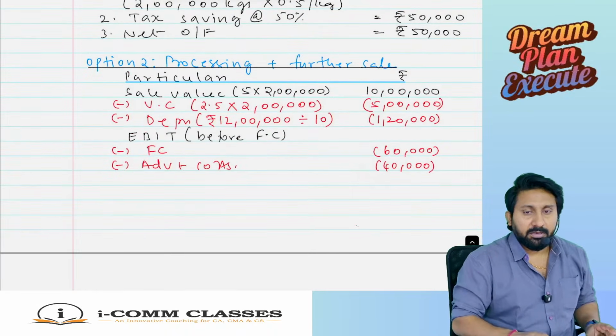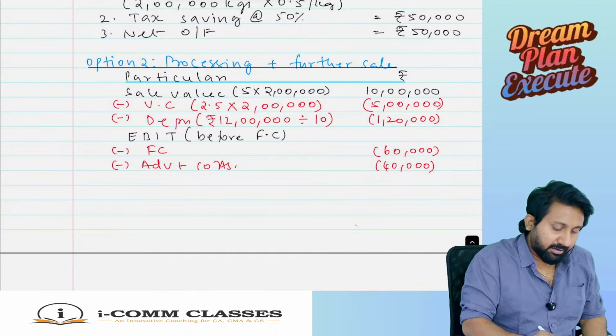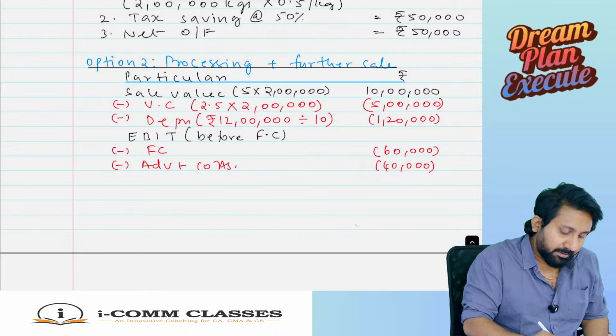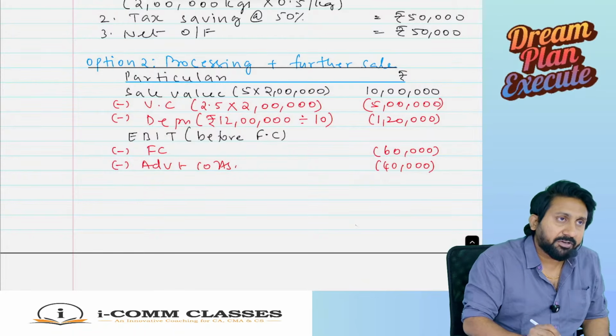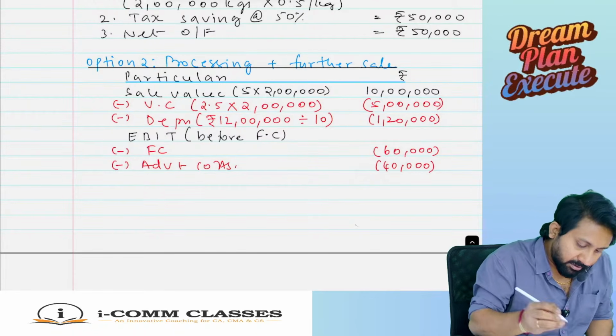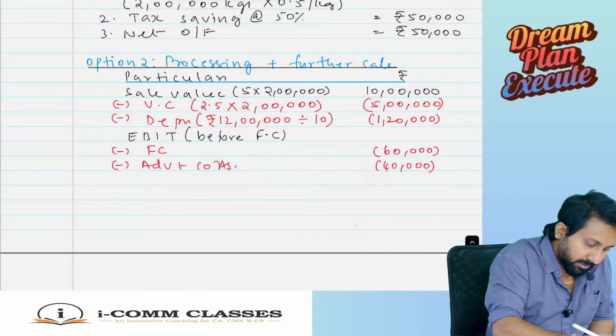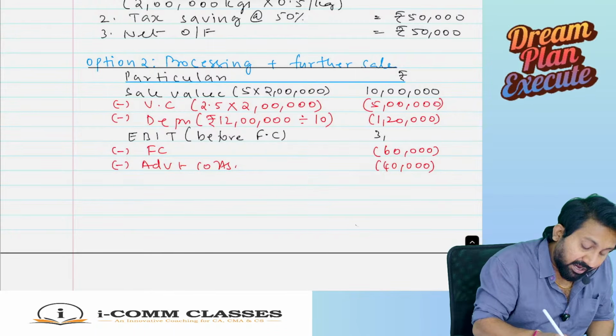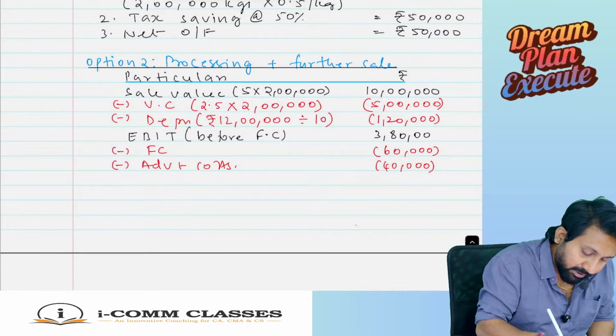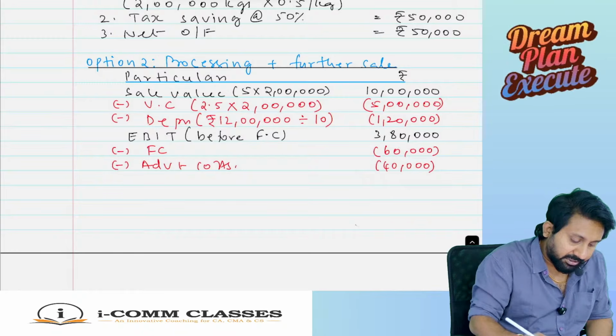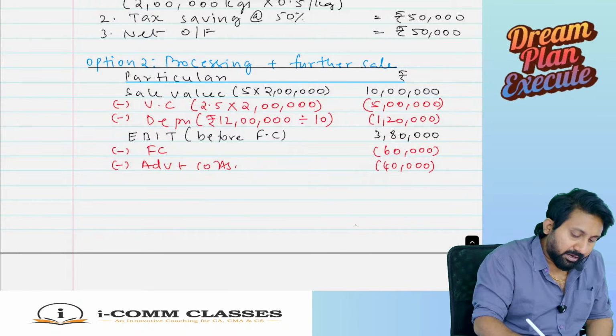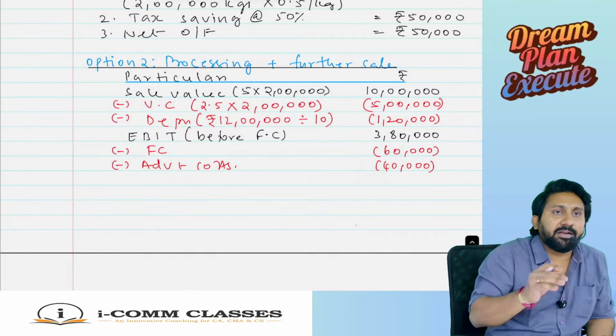See here. Sale value is 10 lakh. Variable cost 5 lakh. Depreciation 1,20,000. Before fixed cost EBIT is 3,80,000. Minus fixed cost and advertisement cost, all these together 1 lakh.